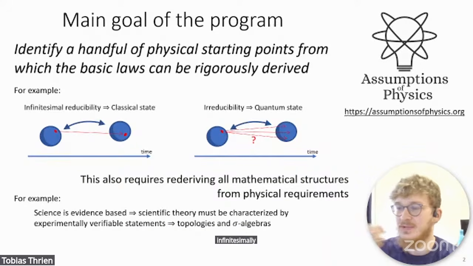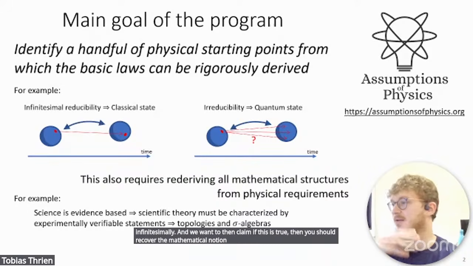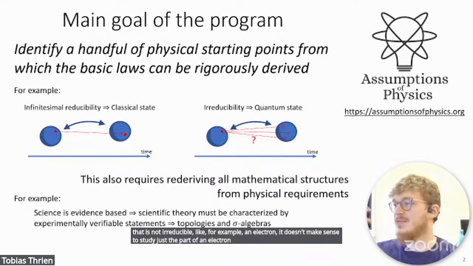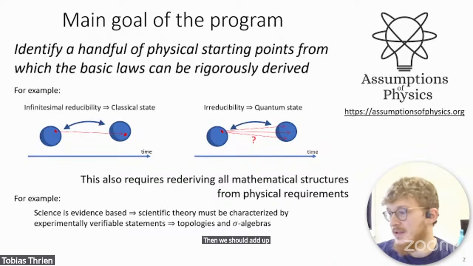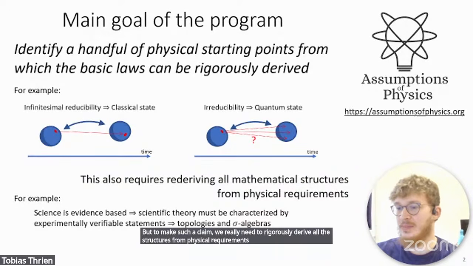And we want to then claim that if this is true, then you should recover the mathematical notion of a classical state. But if you have something that is not reducible, like for example an electron, where it doesn't make sense to study just a part of an electron, then we should end up with a quantum state. But to make such a claim, we really need to rigorously derive all the structures from physical requirements, from the bottom up.